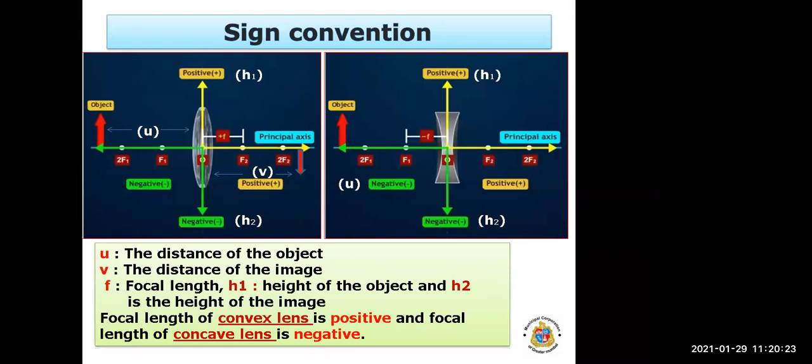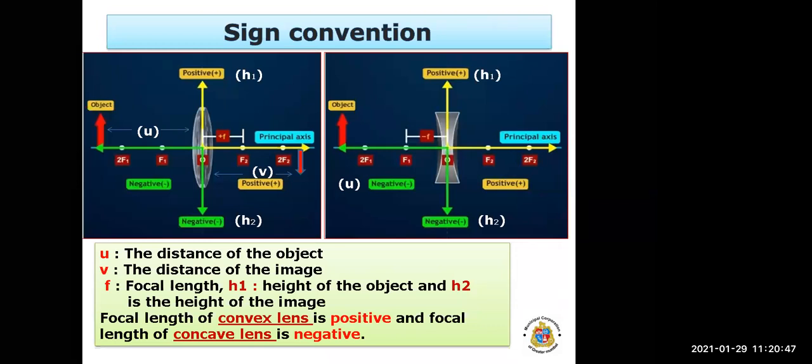Whenever the object is placed in front of the lens, the distance of the object from the lens is considered U. V is the distance of the image from the lens.